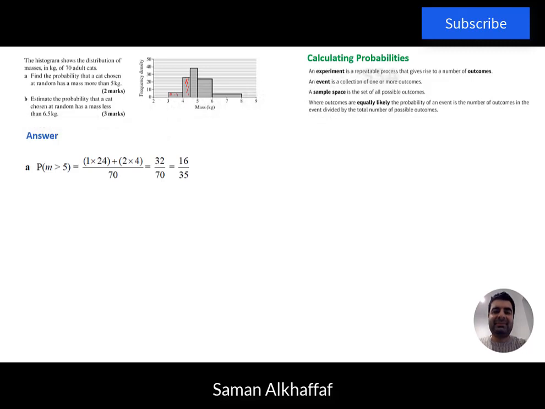For part B, we need to estimate the probability that a cat chosen at random has a mass less than 6.5 kilograms. So we're looking at almost in between within this range here. So in this scenario, we start with the probability that a cat has a mass greater than 6.5.